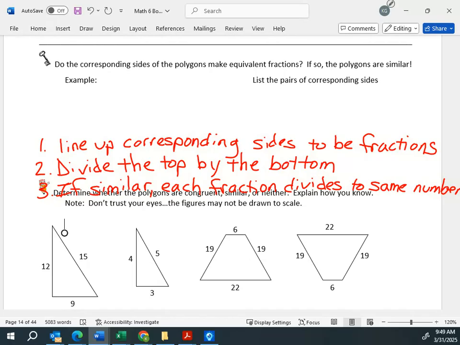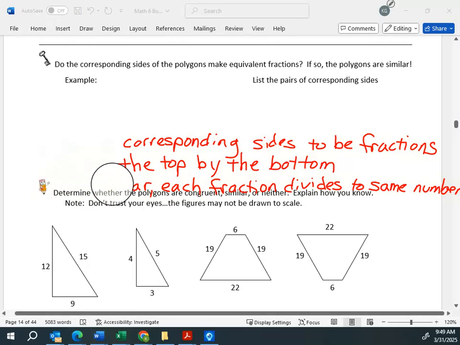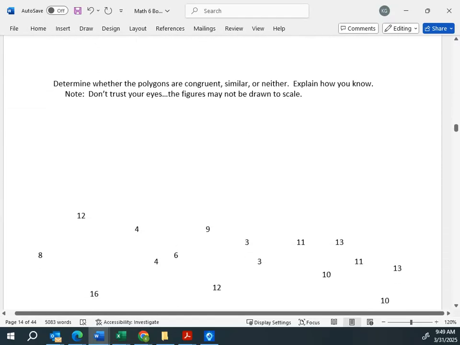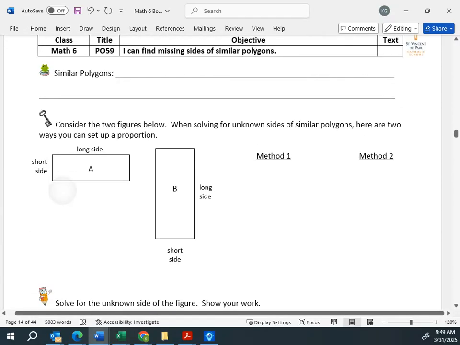If you didn't get a chance to finish writing out the steps, you can watch the video later to finish it up. One more objective is PO 59. We know they are similar, they are proportionate. We need to find our missing side length.